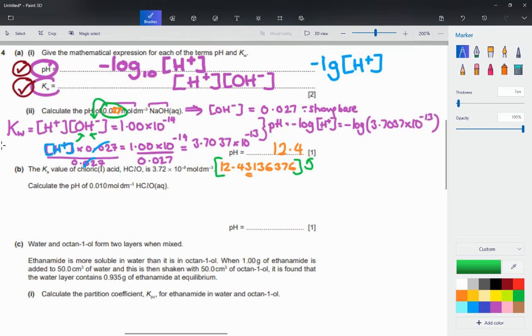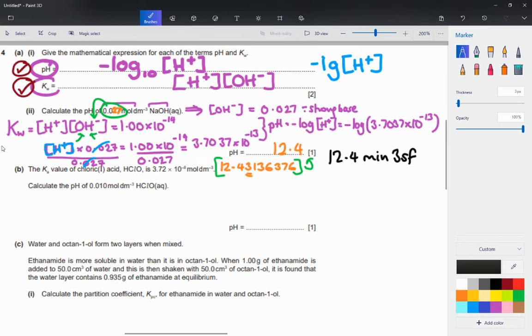Now that would be a fail-safe method of securing the single mark. You do all of that calculation and you don't want to lose that mark right at the very end, especially when they say 12.4 has to have a minimum of 3 significant figures.